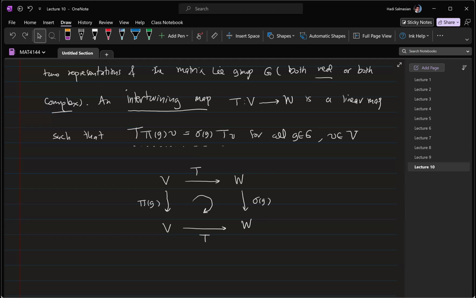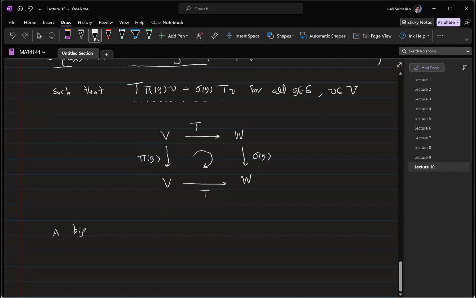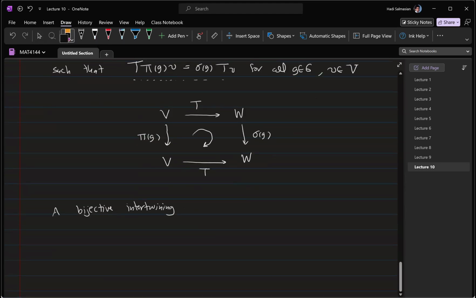So now if you have a bijective intertwining map, you call it an isomorphism. A bijective intertwining map is called an isomorphism between two representations.